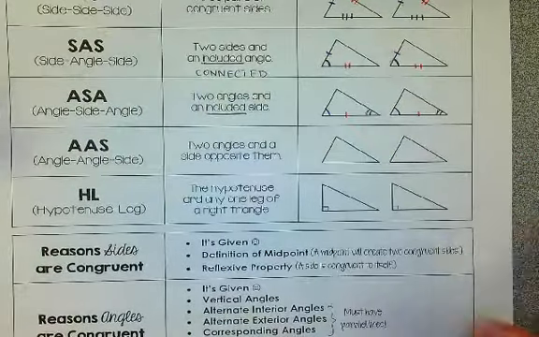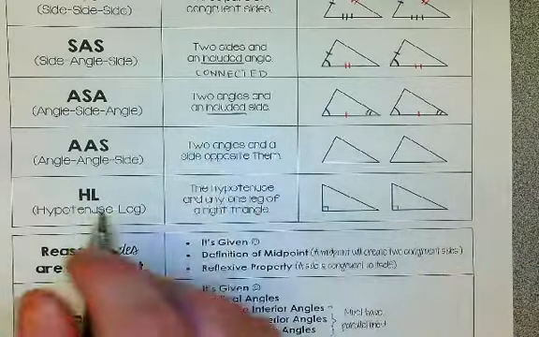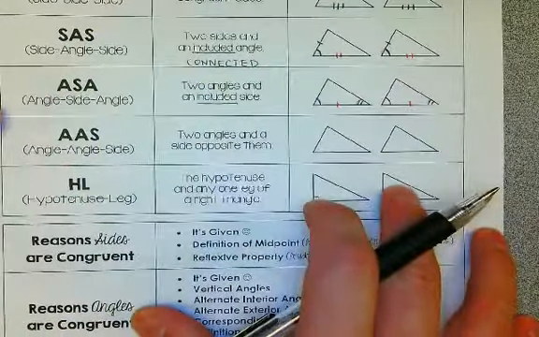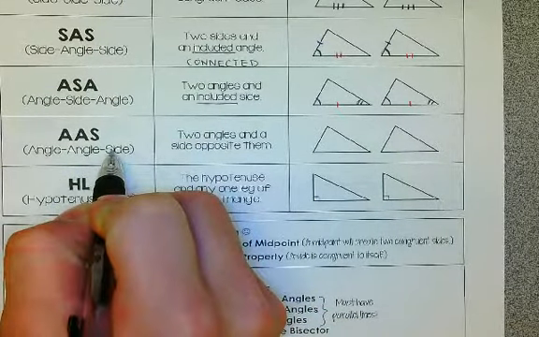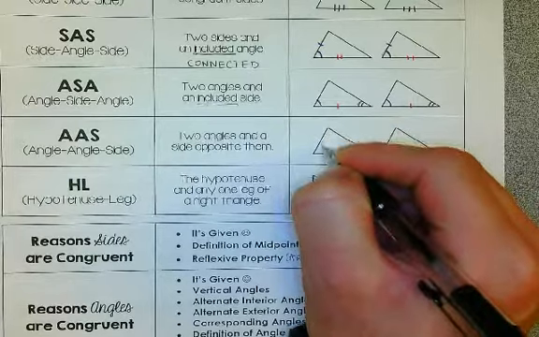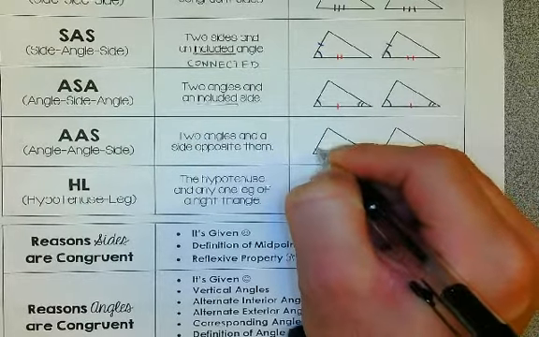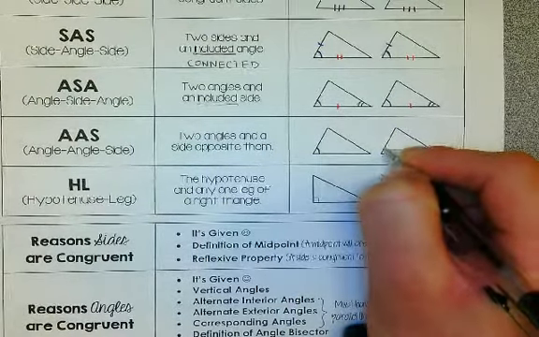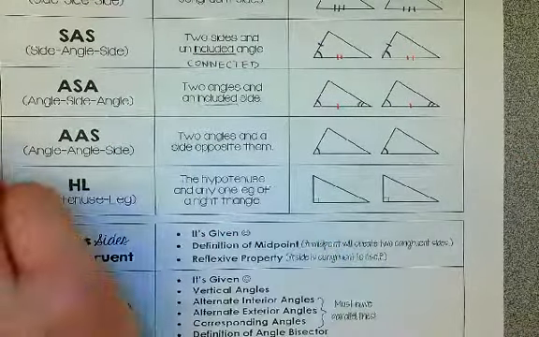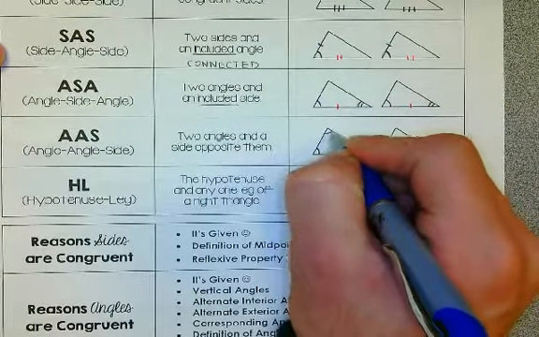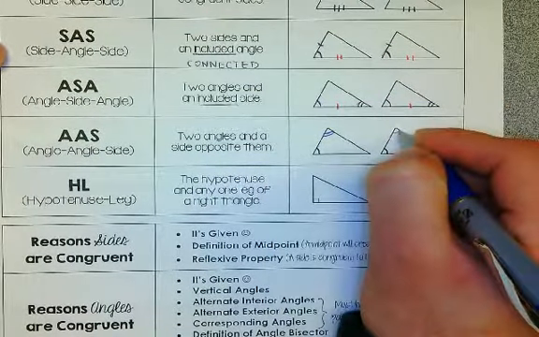Next up we have angle, angle, side. If I have a pair of congruent angles, I can make another pair of congruent angles up here, so that way I have angle, angle, and then a side, just like that. Angle, angle, side. It says side opposite of them.